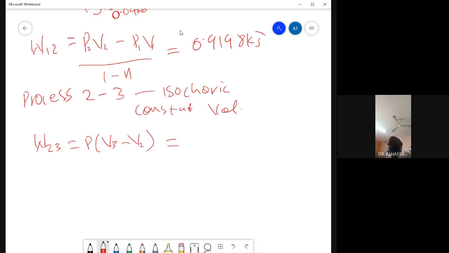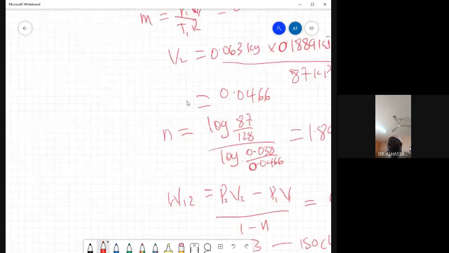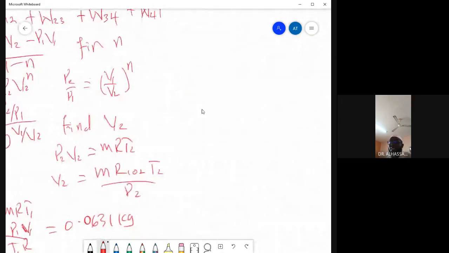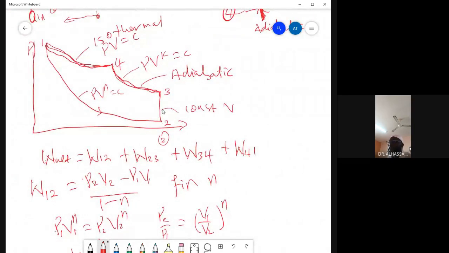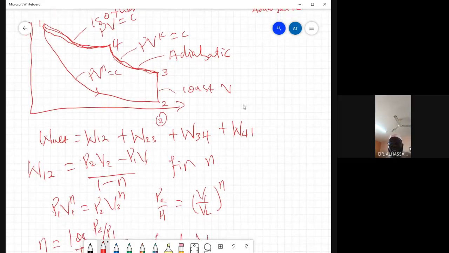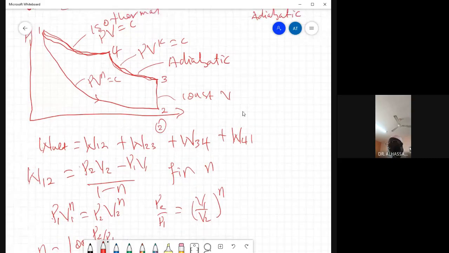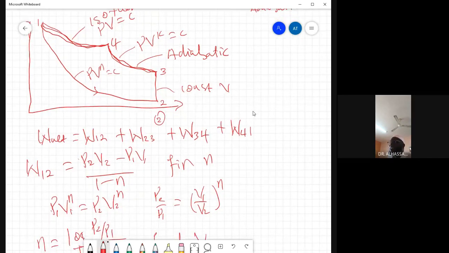If you look at the diagram, can you see the diagram? V2 and V3, what is the difference? Constant, yes. V2 and V3 are the same.